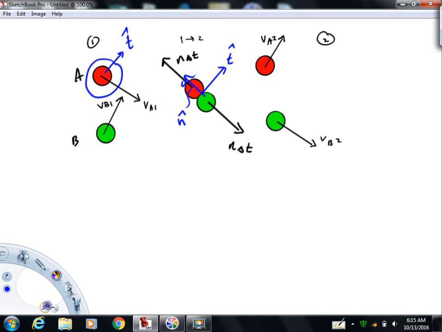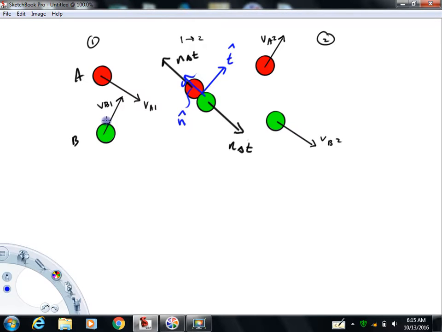Now, you can also write equations, believe it or not, for the normal direction. However, that involves a concept called coefficient of restitution. The purpose of this video is not to get into that, so I'm just going to skip that for now. If you're interested in coefficient of restitution and how to write an equation in the normal direction for an individual mass, see video 2 or video 3 in this series on oblique impacts.